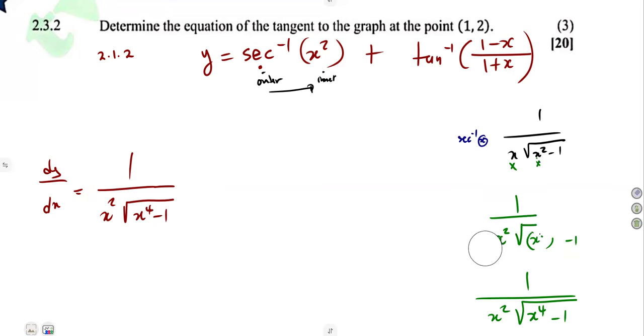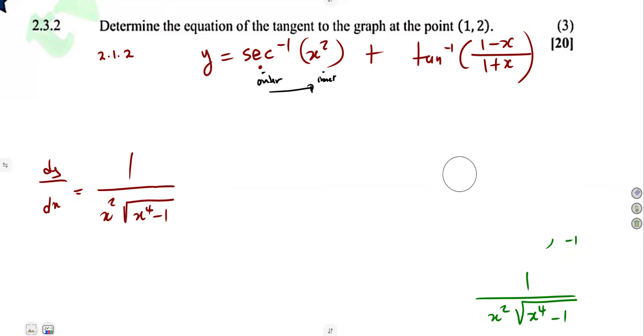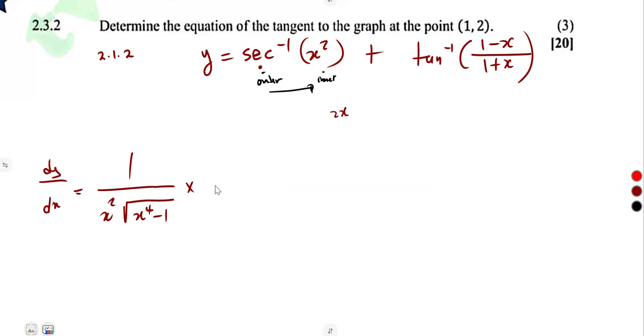So we have dealt with arcsec, the outer. Then we move to the inner. We multiply by the derivative of the inner one, x squared, which gives us 2x. So you multiply by 2x. If wanted, you could cancel x and x, but do not simplify it. Leave it like that. We are done with the first term.